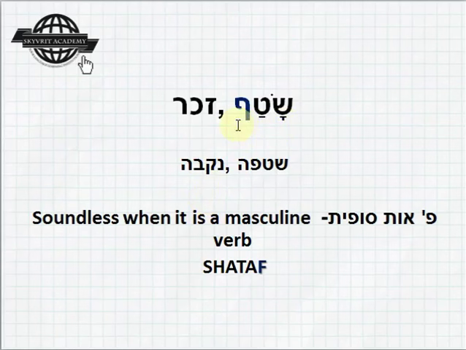Shataf. So you can hear that we pronounce the sheen and the tav, and there's a clear sound of ah. But this fe doesn't have a sound, simply shataf. Not fe, fi, fo, fi, just shataf.